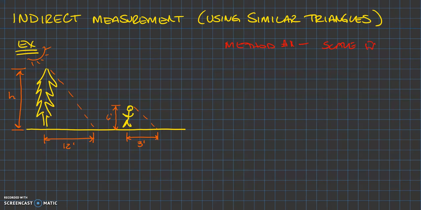The easiest way to do this is to think about what direction you want to go. So the easy math would be to go from the guy's shadow to the tree's shadow. And I would ask the question, how do we go from 3 to 12? Well, we have to multiply by 4. But you know that golden rule of algebra that we've talked a lot about.